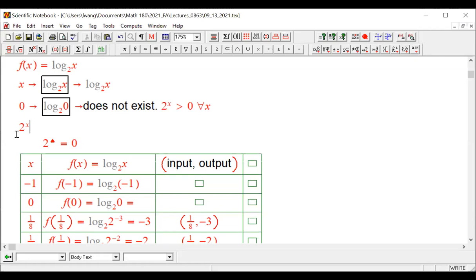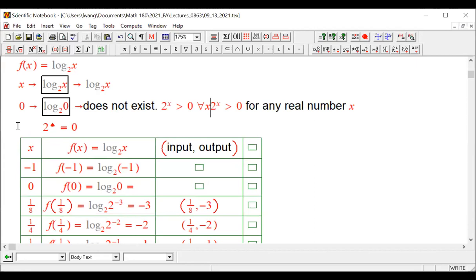So 2 to the power x is greater than 0 for any real number x. All right. The other narrative would be saying there's no solution.